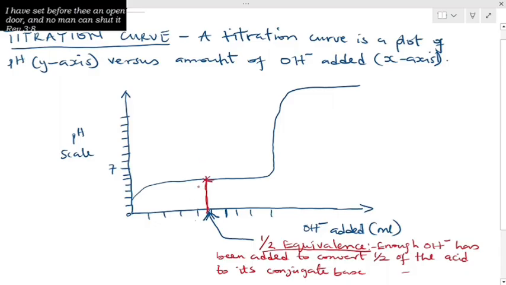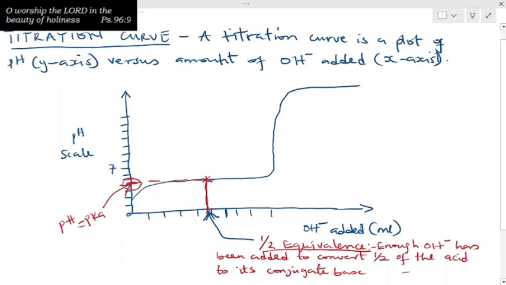If we trace this to the pH scale, this particular mark here is referred to as your pH equal to pKa, as established in our last lectures.